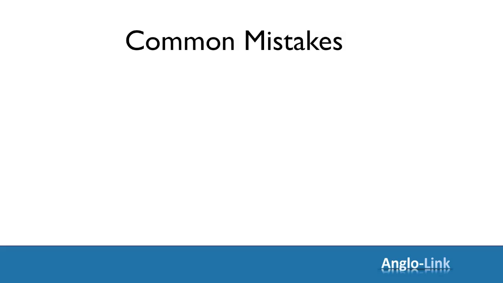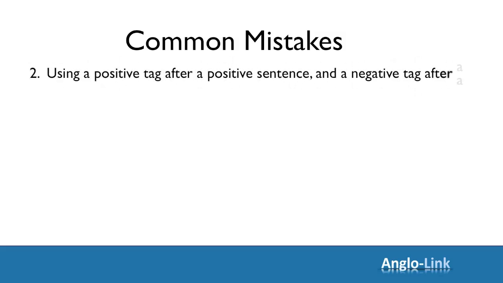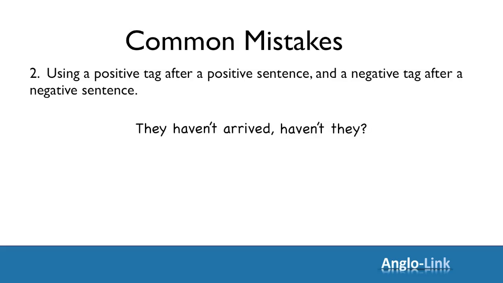Another common mistake is using a positive tag after a positive sentence and a negative tag after a negative sentence. For example, they haven't arrived, haven't they? As you have now learnt, because the sentence is negative, the tag has to be positive. They haven't arrived, have they? Or, we never go out, don't we?